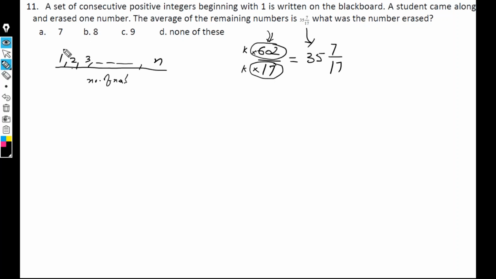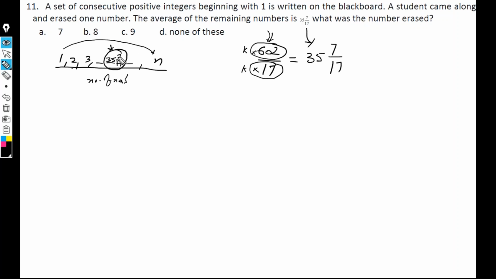And if all the numbers were written in continuation, and your average was 35 whole 7 by 17, can I say the average of all the consecutive numbers is the middle number, and when you erased one number, this was the remaining average?